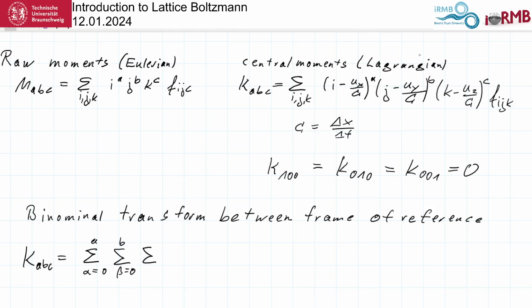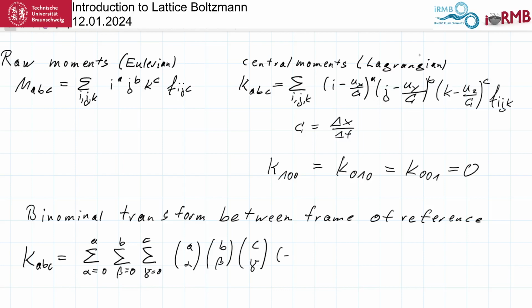And gamma is equal to 0, and this goes to C. And now it's the binomial coefficient A over alpha, B over beta, and C over gamma.